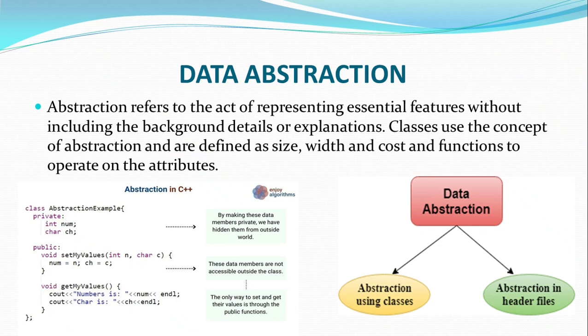If we declare an access specifier public, that data can be accessed anywhere. A simple example is data abstraction using classes, and abstraction in header files.